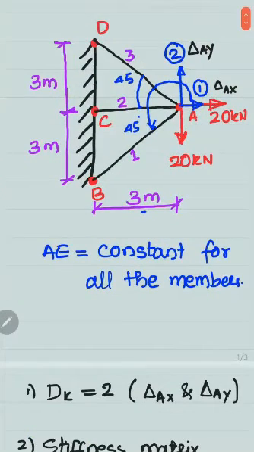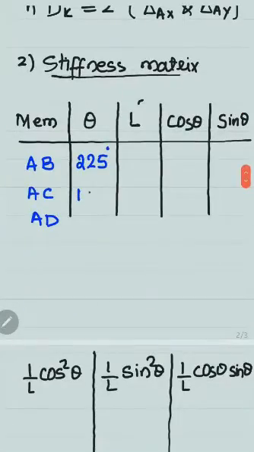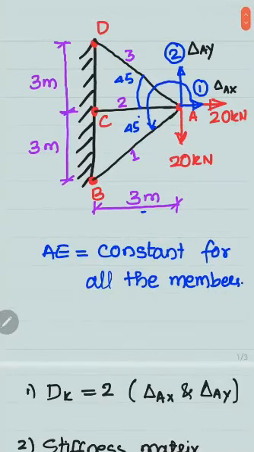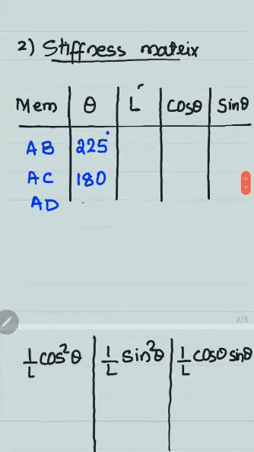The AC member is a straight member, so it will be 180 degrees. And AD will be 180 plus 180 minus 45, so that 180 minus 45 will be 135. Right?